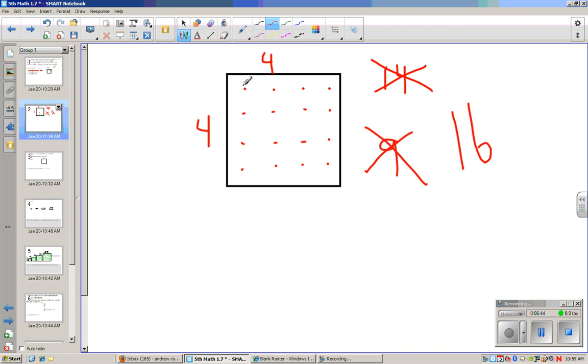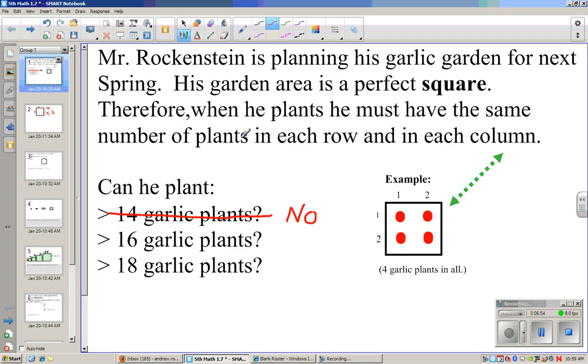And if I count them up, I get 1, 2, 3, 4, 5, 6, 7, 8, 9, 10, 11, 12, 13, 14, 15, 16. So I go back here, and this is a yes, because I can make a square array. I can have the same number of rows and the same number of columns.